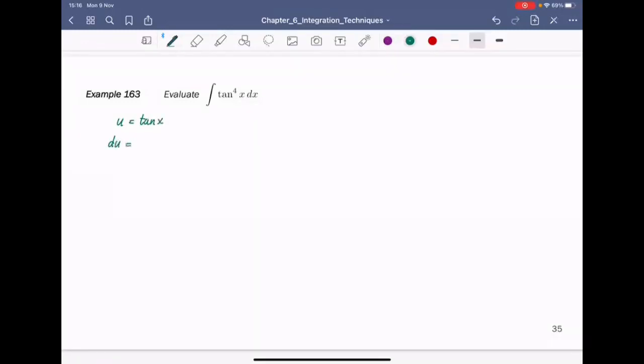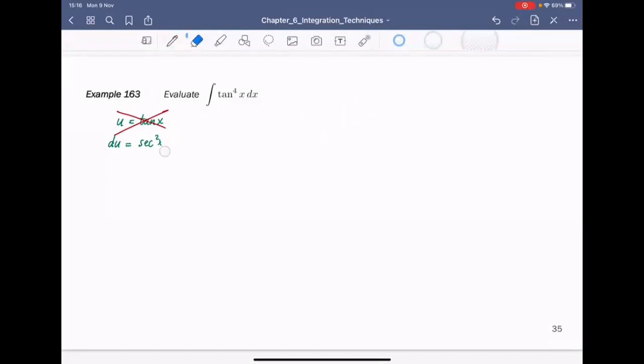My du is going to be secant squared x dx, which means dx is going to be du over secant squared x. Are you going to continue this? If it were me, no, because I have secant squared here and tangent to the 4th over here. They do not cancel, so this will not work for me.